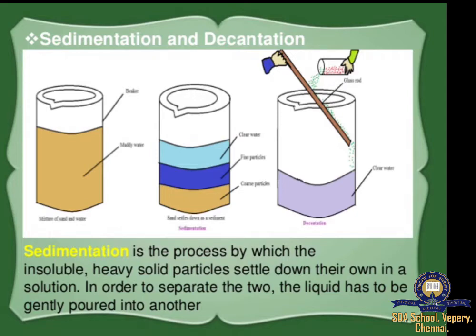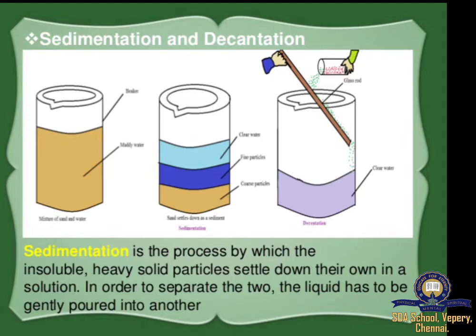Next one, decantation and sedimentation. Sedimentation is the process by which insoluble, heavy solid particles, which don't dissolve, settle down on their own in a solution. In order to separate them, the liquid is gently poured into another container.